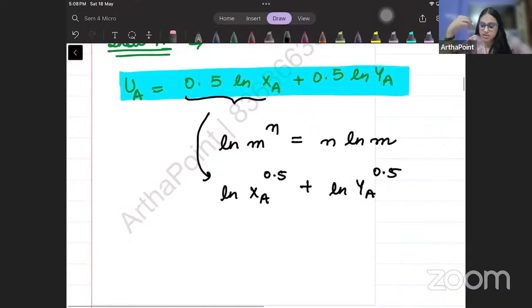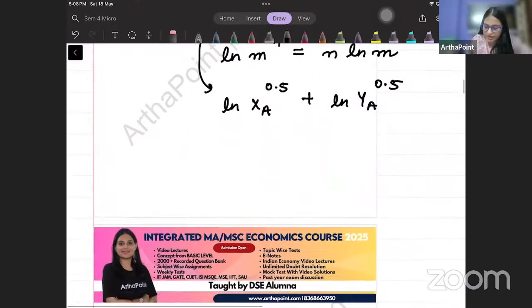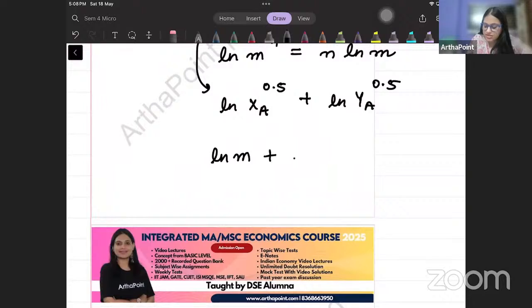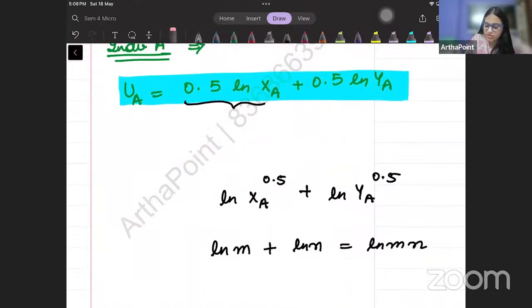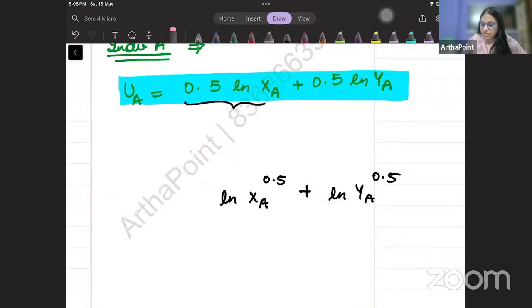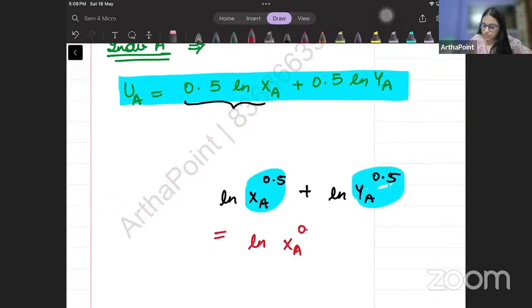Right? Similarly, you must be aware that ln m plus ln n can be written as ln of m times n. So from here, you must be aware, beta, that I can rewrite this as ln of XA to the power 0.5 times YA to the power 0.5.